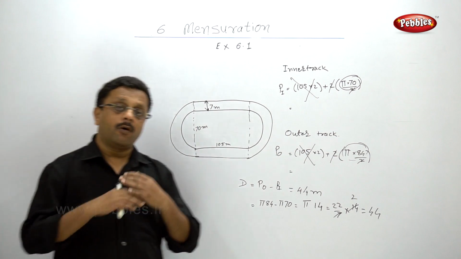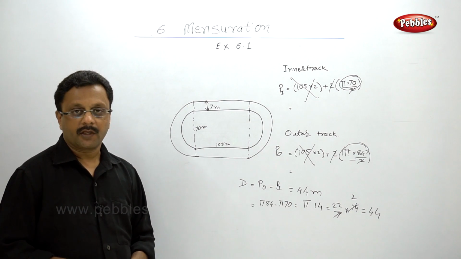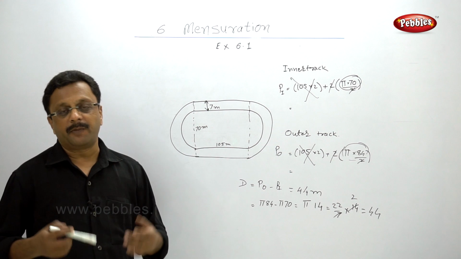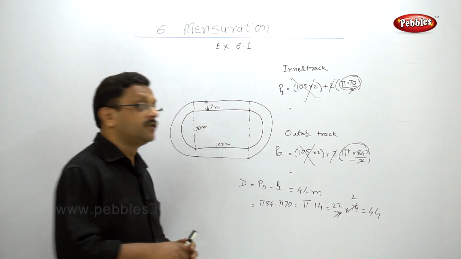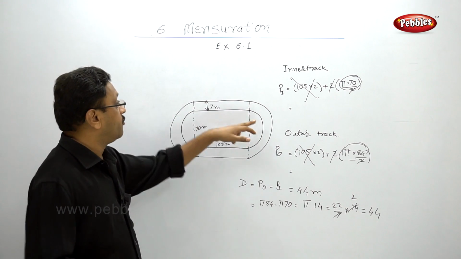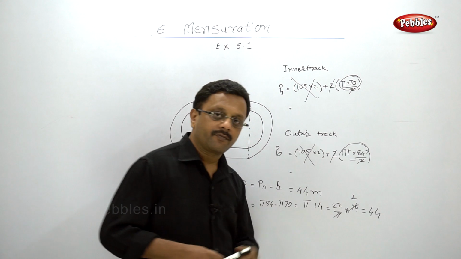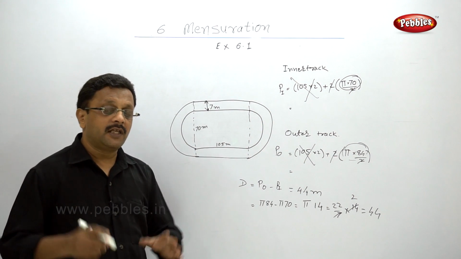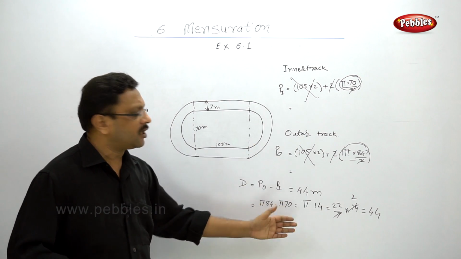That means I have avoided all the calculations in between. If they had asked for the outer perimeter and the inner perimeter, then you would have to calculate those. But they have asked only for the difference, so all these calculations are not required.